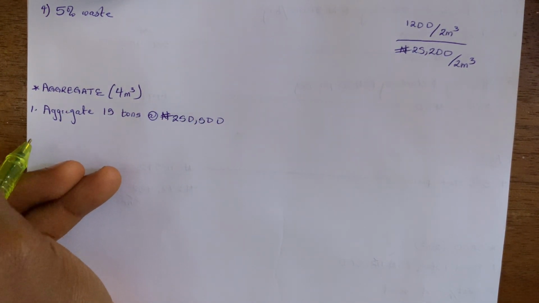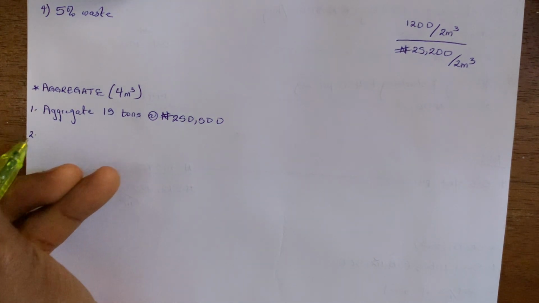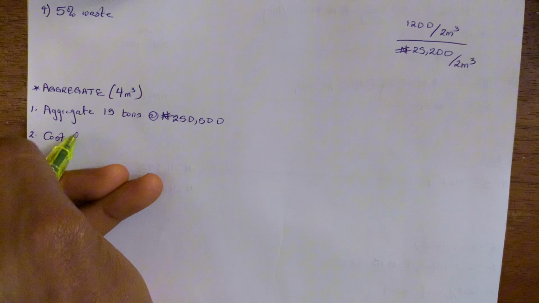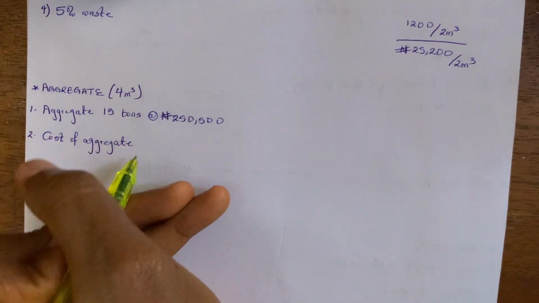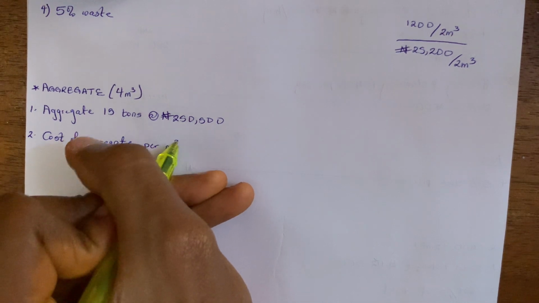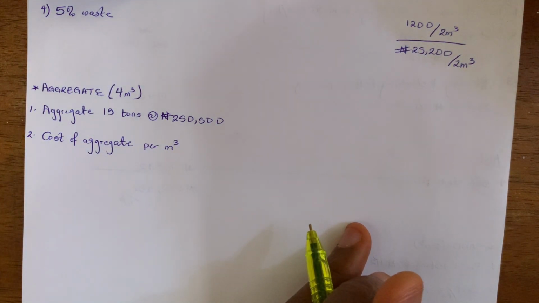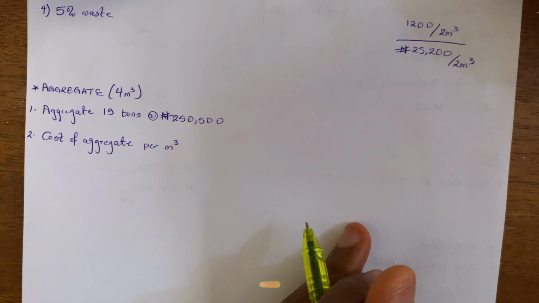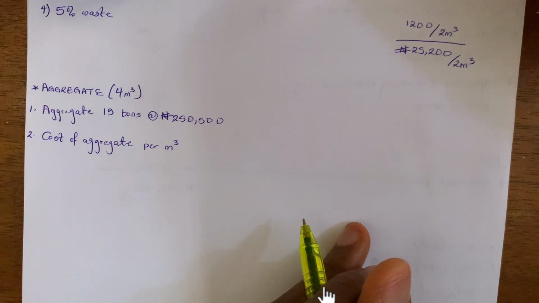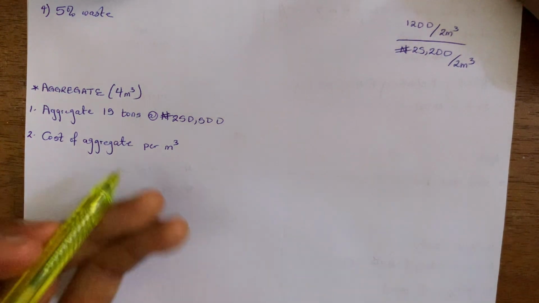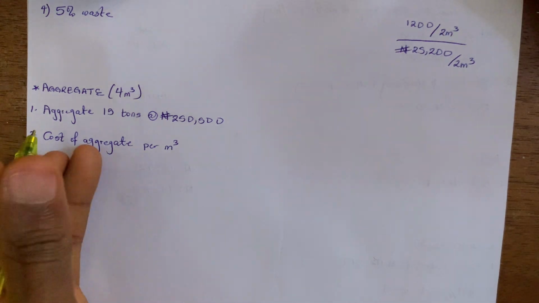Then we can now say what will now be the cost of aggregates per meter cube. So doing the same step we took in order to convert the cost for 15 tons to cost per meter cube, you will still use the same step we did for the sand. So we can now use the same formula. The cost for 15 tons divided by the volume.